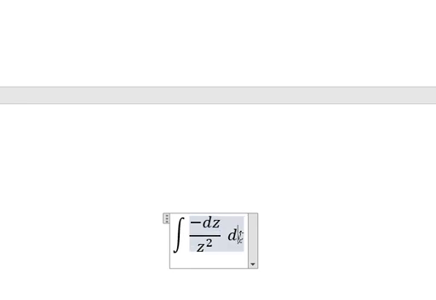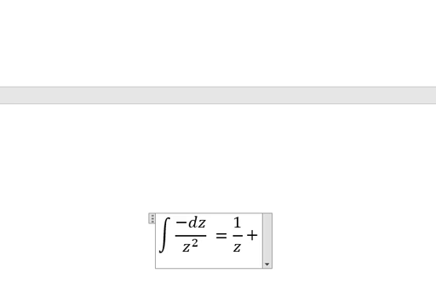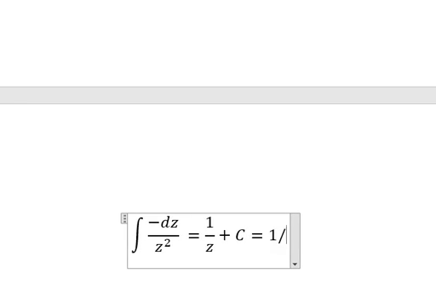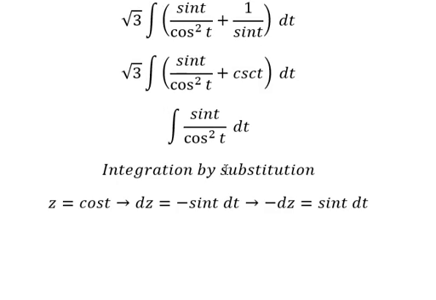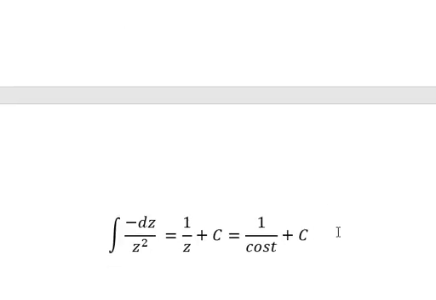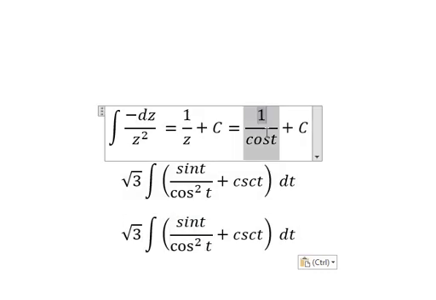The integration of this one, we have 1 over z, and I will put c. About z, that is cosine t. Now we need to go back in here. The integration of this one is this one.